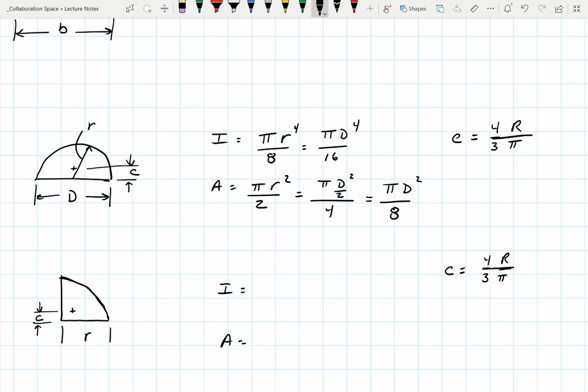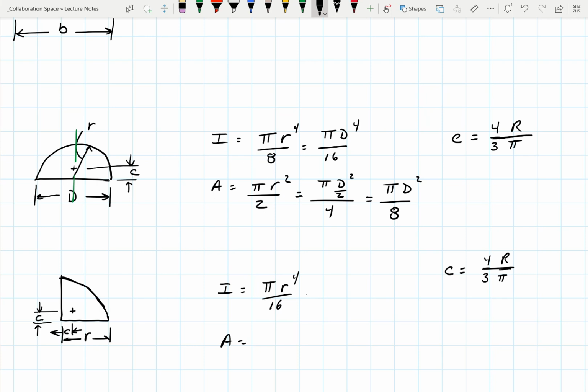And this is the reason: that shifts off center, where this one is on the center line. So it's both ways. All right, I for it is what, Frank? Pi r to the 4th over 16.